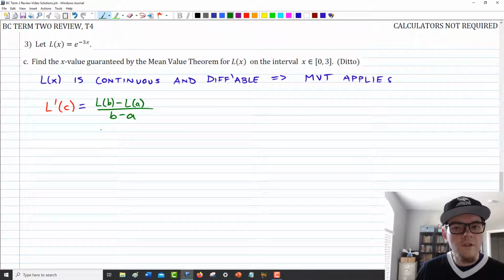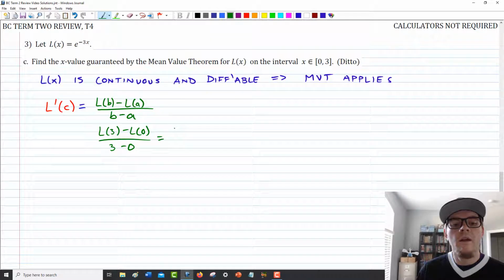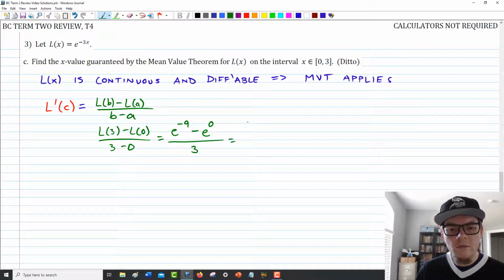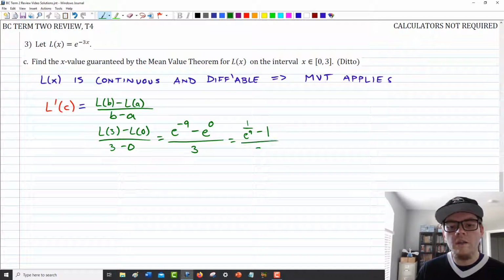The average rate of change in this case is going to be L of 3 minus L of 0, all divided by 3 minus 0. That's equal to e to the negative 9 minus e to the 0, all over 3. That's equivalent to 1 over e to the 9th minus 1, divided by 3.